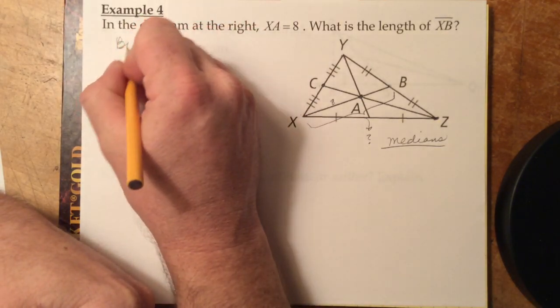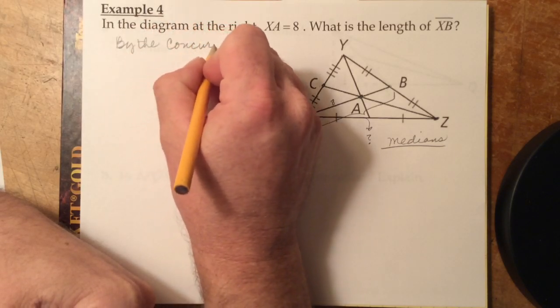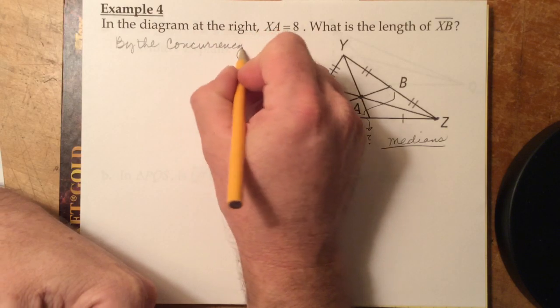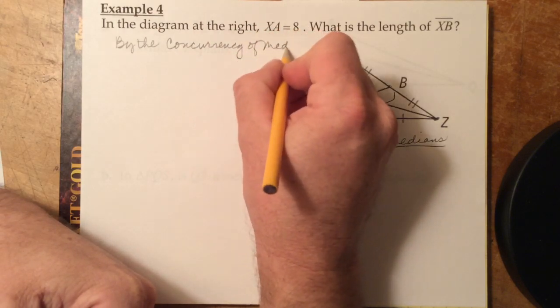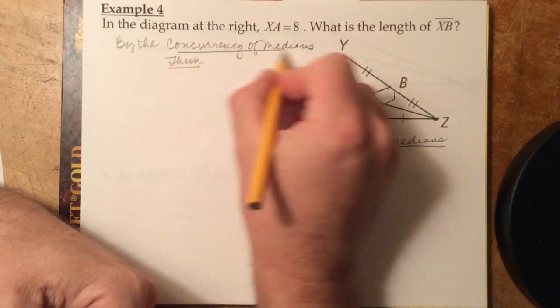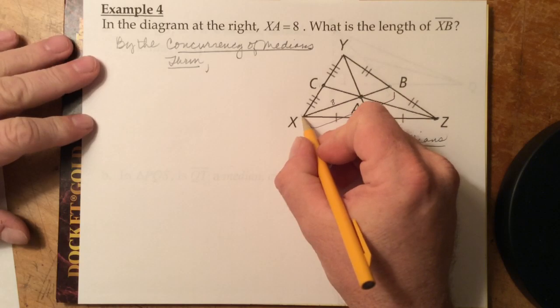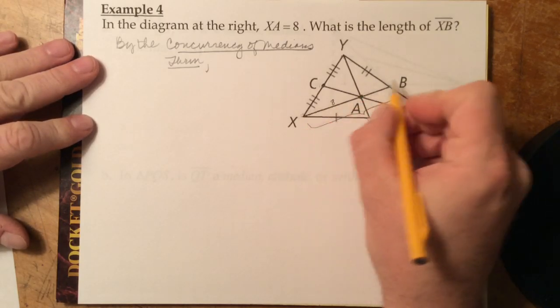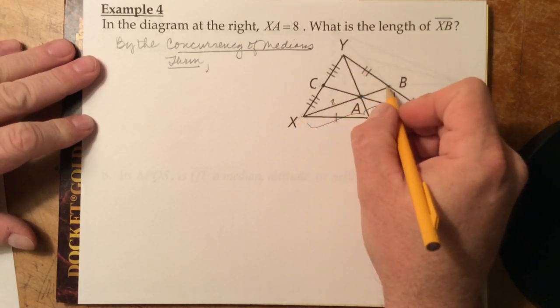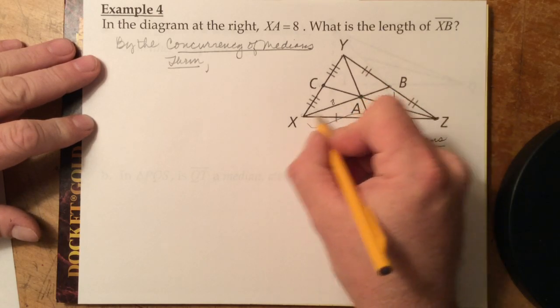So by the concurrency of medians theorem, we learned that any one of these medians' lengths, you take 2/3 of it and you get the longer piece of that median.